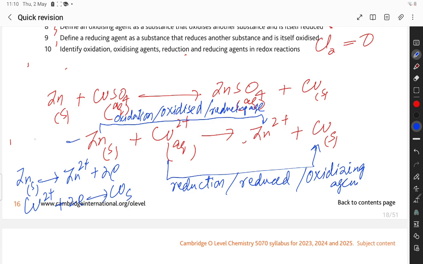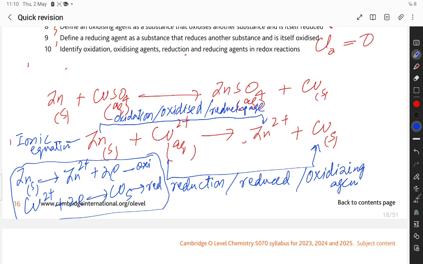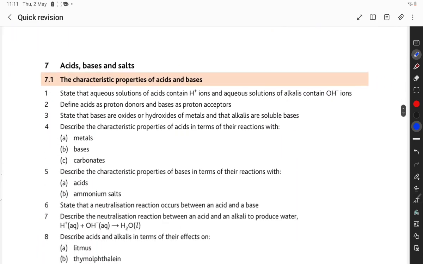This is the ionic equation for this reaction. These are the two half equations: this is oxidation and this is reduction. In this way we identify the oxidation, oxidizing agent, reduction and reducing agent in the redox reaction.